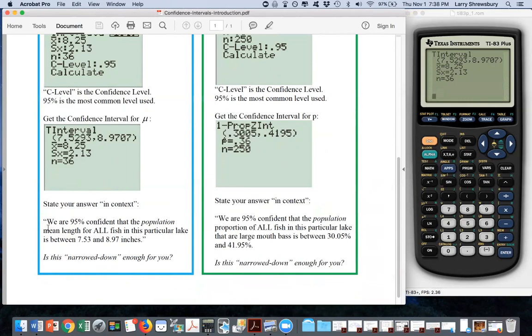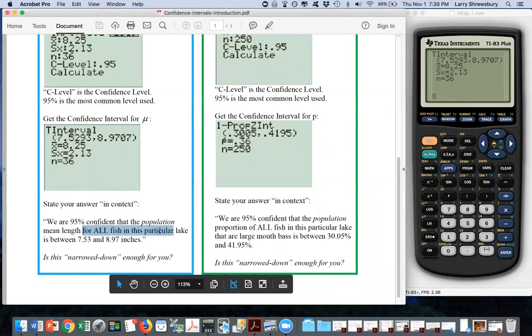That's why it's valuable to do a few hand calculations so you realize that. Also, I don't just say I'm 95% confident the population mean is in that interval. No, I give it the context. This is for all fish in this particular lake. So that's what I mean by in context. And also you should show the units being used, right? So that's your answer that you would show for a confidence interval.